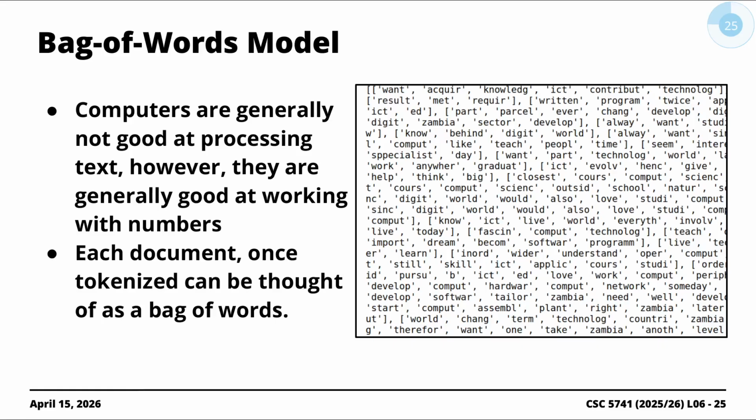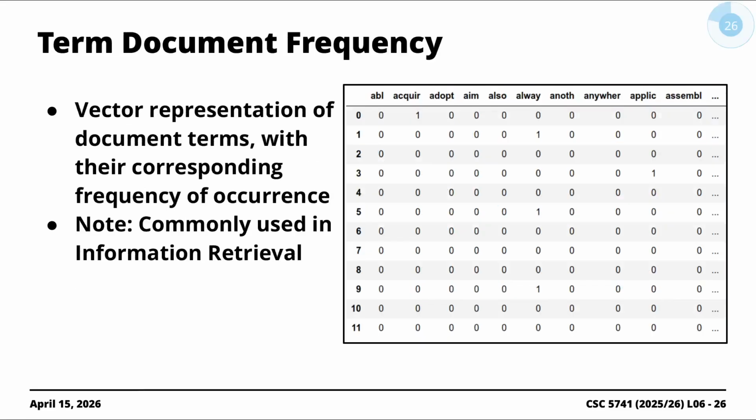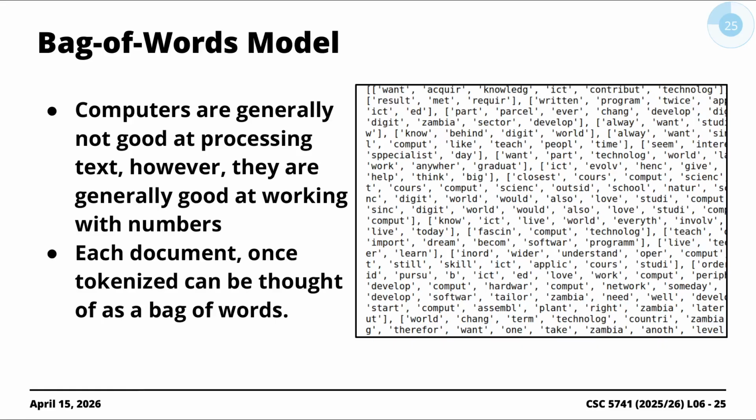The reason why we are explaining all of this is that we want to understand exactly how we are converting words into numbers. We'll start with the bag of words model.